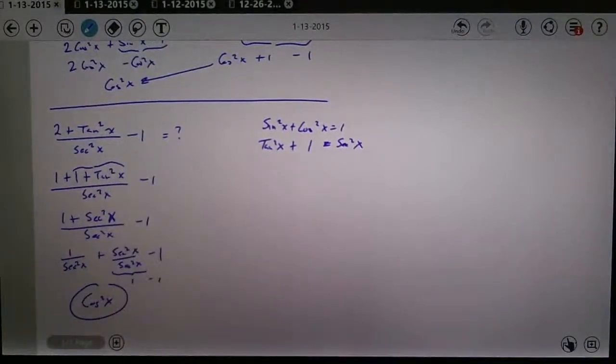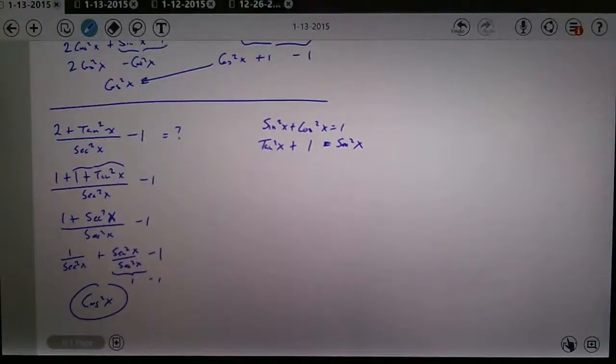So depending on what identities you're most familiar with, it may determine which direction you go in. But as long as you're doing legal algebra, you're fine. I think this is what makes working with trig functions problematic for a lot of people, because there are so many options that you have.